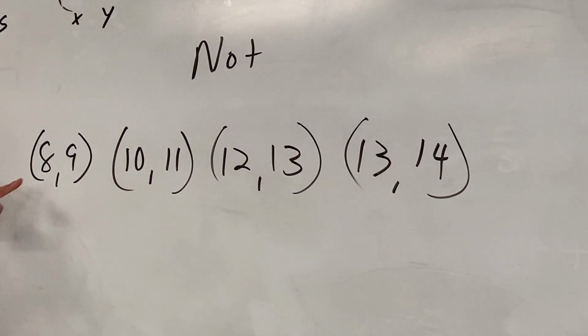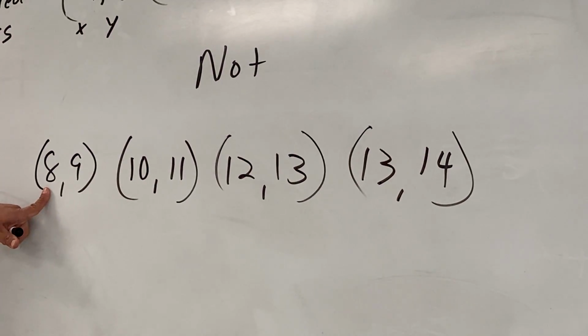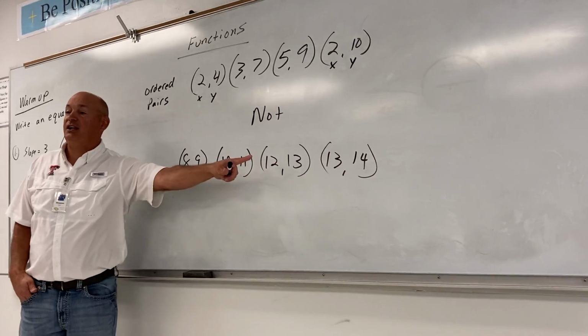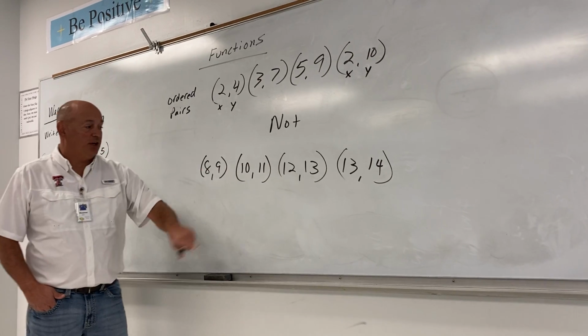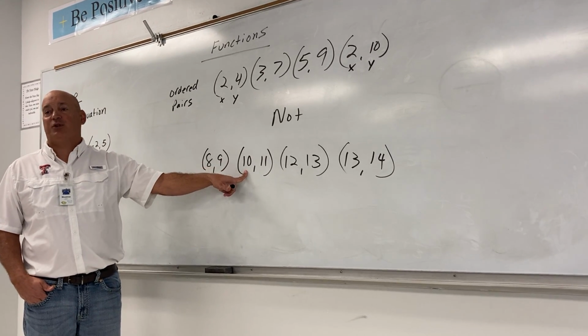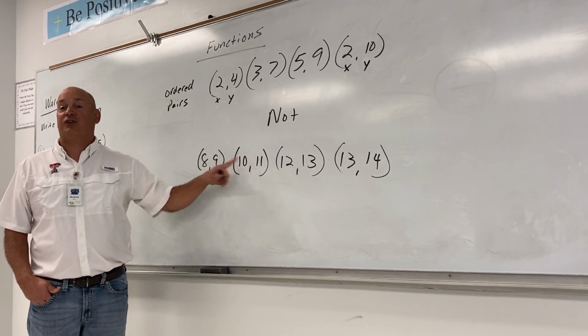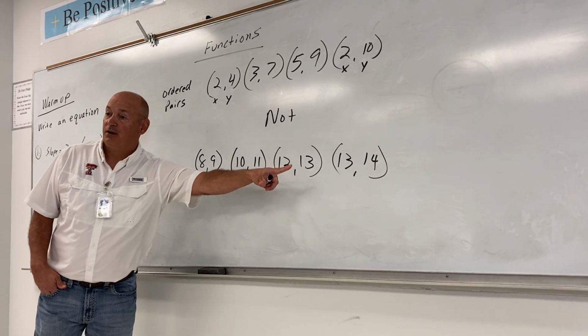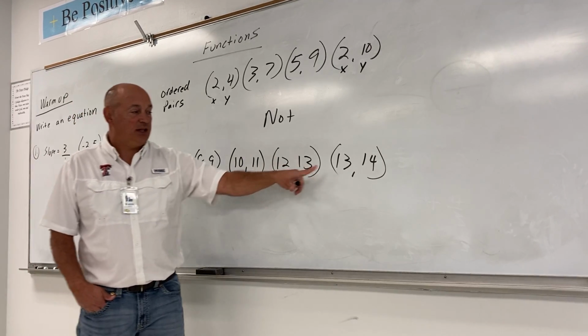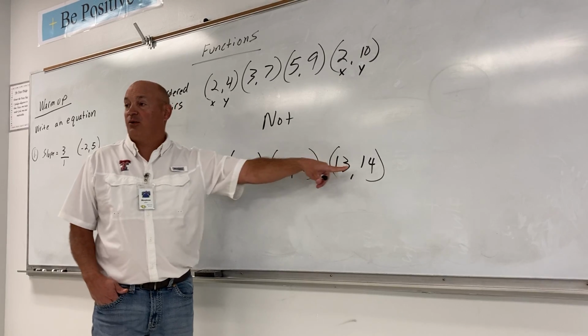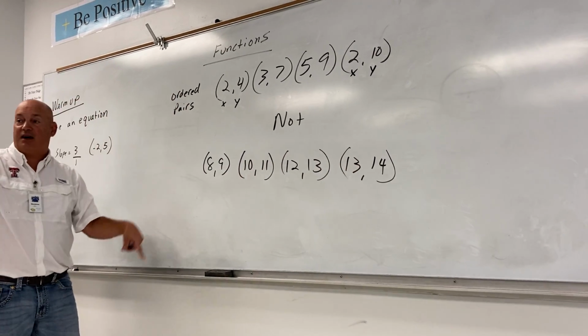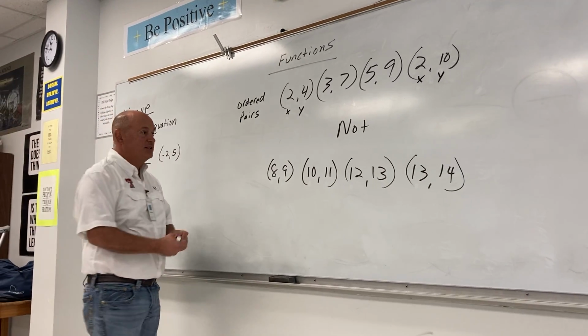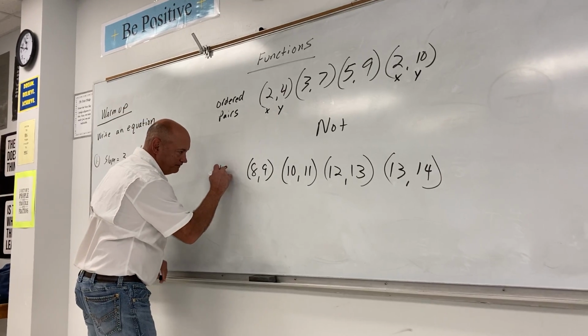Girl 8, who's her boyfriend? Number 9. Does 8 have any other boyfriends? Nope, she's good. What about girl 10? Who's her boyfriend? 11. Is girl 10 got any other boyfriends? Nope. 12's not cheating, 13's not cheating. So none of these X's have 2 different boyfriends. So that is, yes, a function.